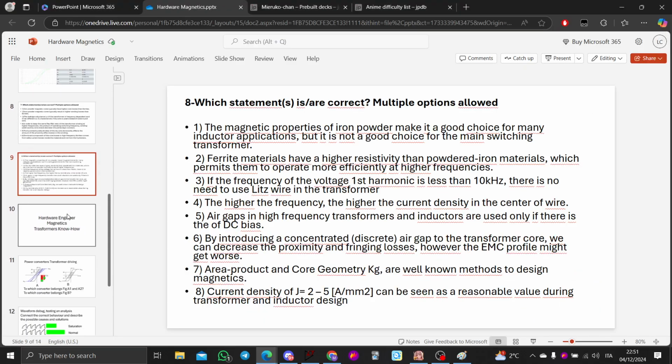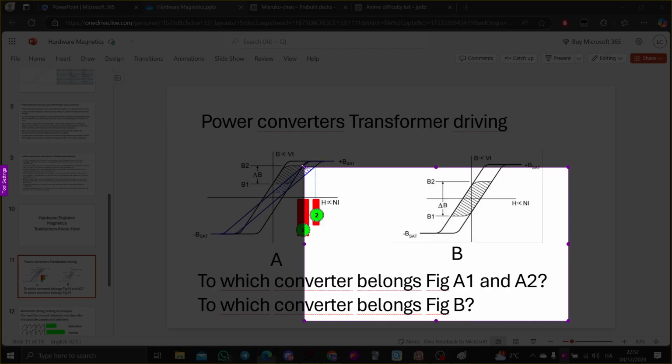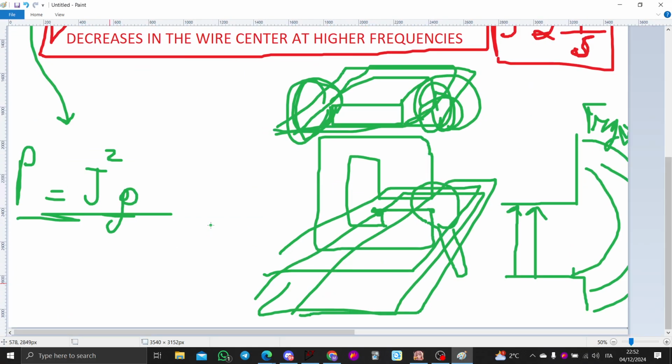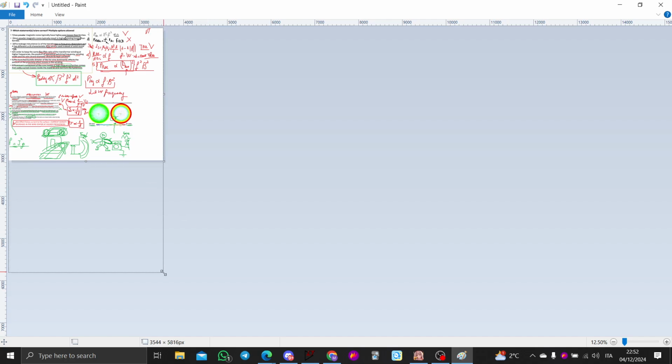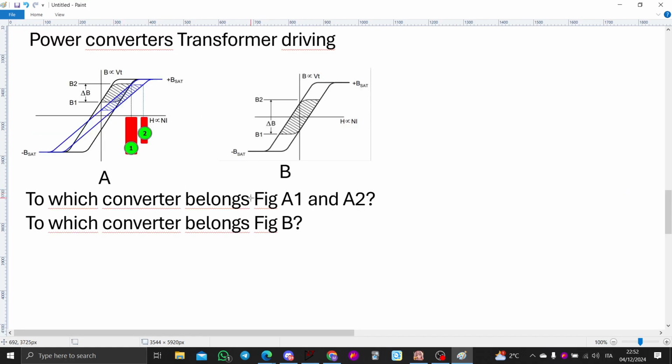So let's go on. We have to understand which type this converter belongs to. Let us go on with the lesson here. To which type the converter belongs, figures A1 and A2.